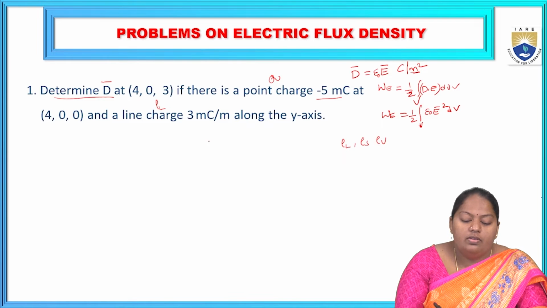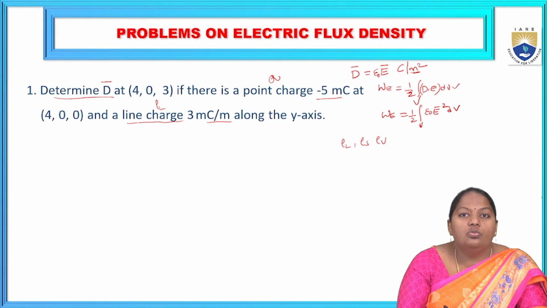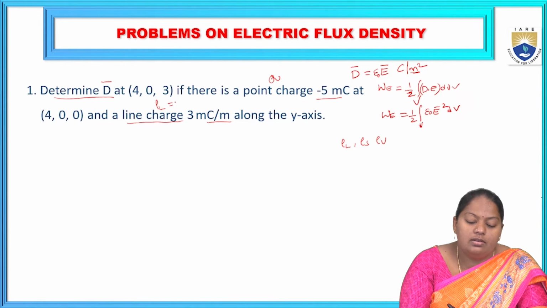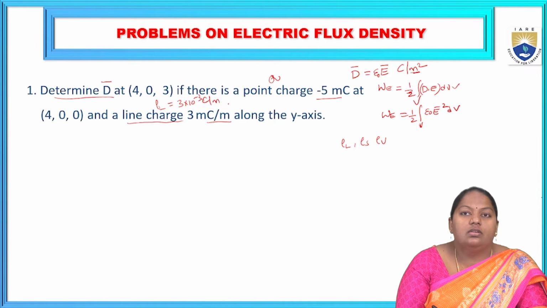Along with these, the line charge is measured in coulomb per meter, and its value is given as 3 millicoulomb per meter. Hence rho L equals 3 into 10 power minus 3 coulomb per meter, given along the y-axis.